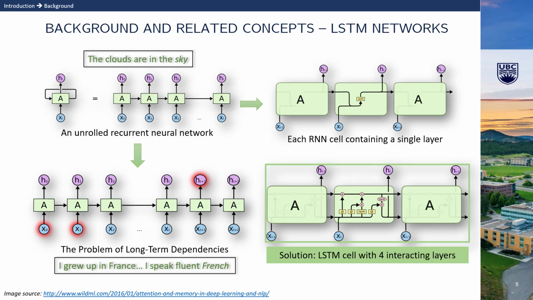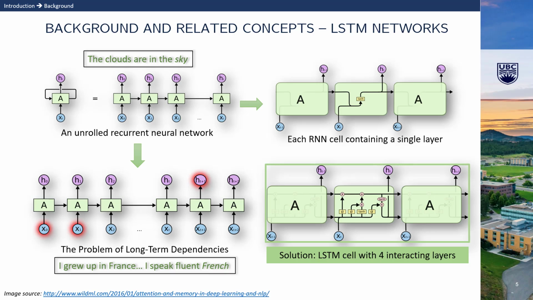But there are also cases where we need more context. Consider trying to predict the last word in the text "I grew up in France." In the middle we have some other text, and at last we have "I speak fluent French." Recent information suggests that the word is probably the name of a language, but if we want to narrow down which language, we need more context about France from further back.